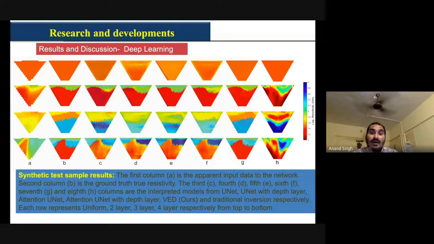But the moment you train with the VED network, we notice that this image has provided a result very close to this. So in our work, this VED network is working very effectively.